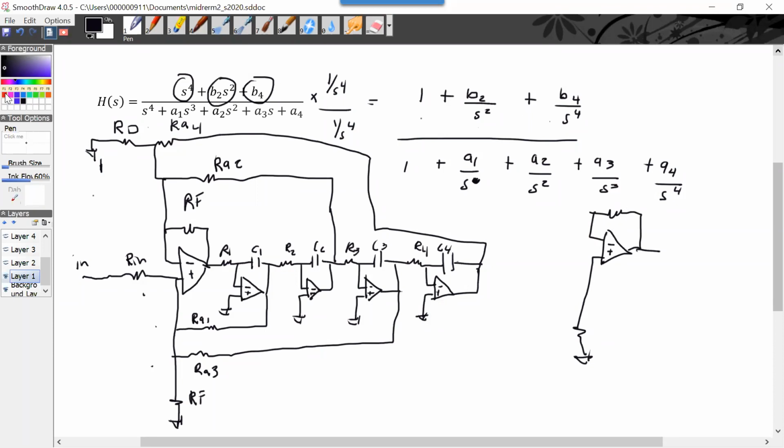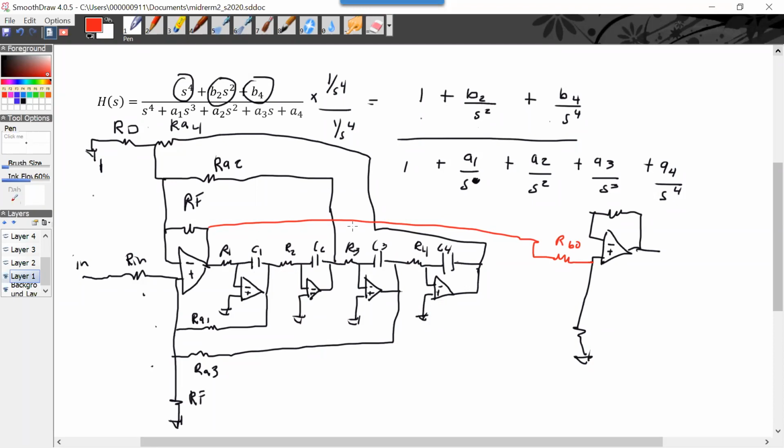And I'm going to switch colors here. So this, right, is actually B0, and it's just scaled to 1. But it has no integrator. So I'm going to bring it here, right? And that's going to be our B0.